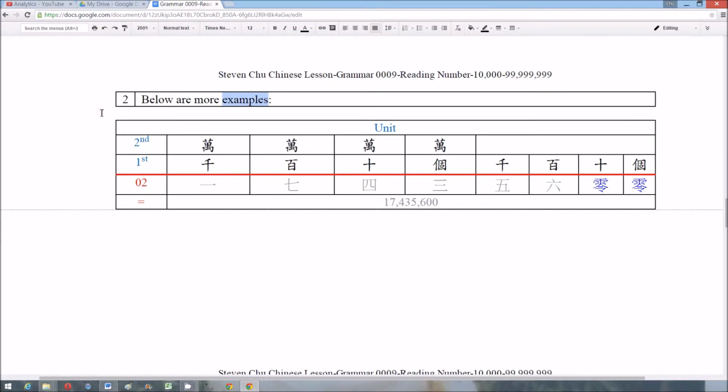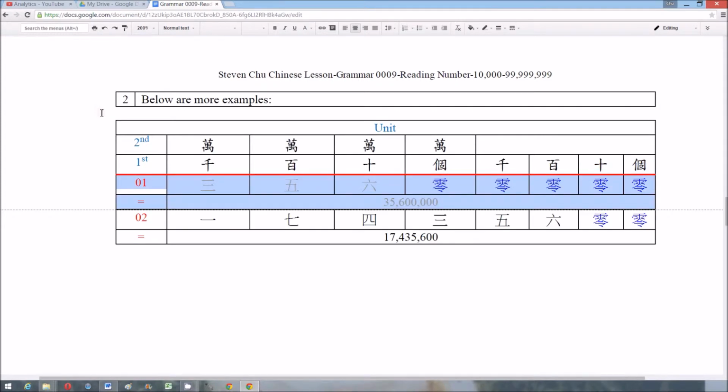We have some examples. The first one is 17,435,600. We don't have to read the zeros because there's no number following them, and we also don't have to read the units which the zeros belong to.